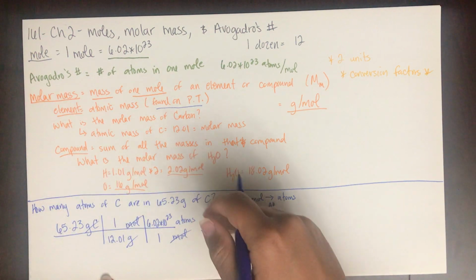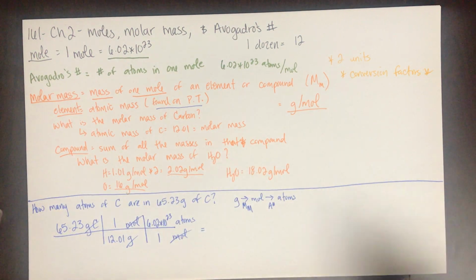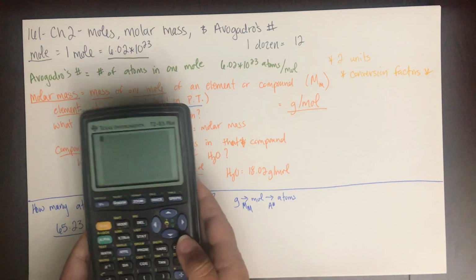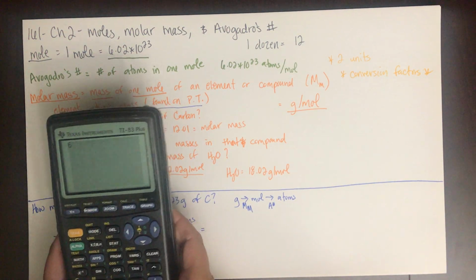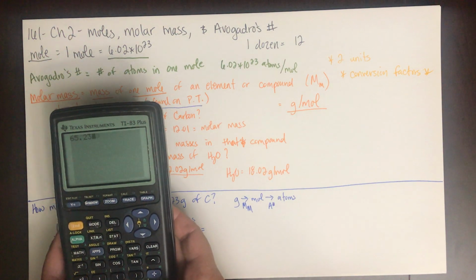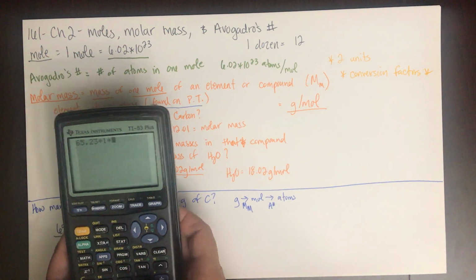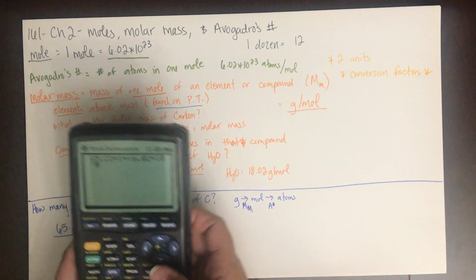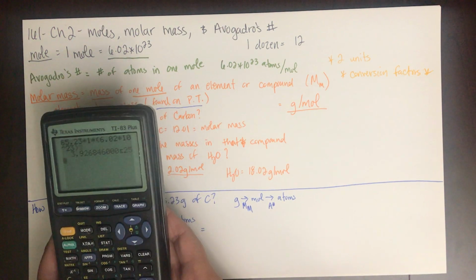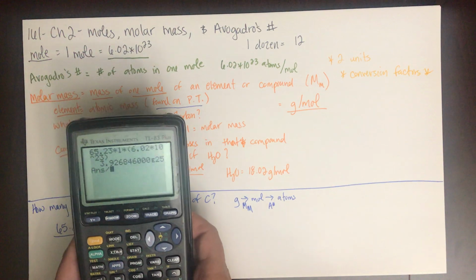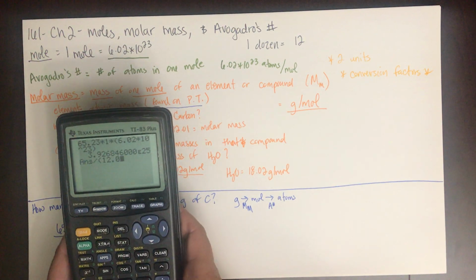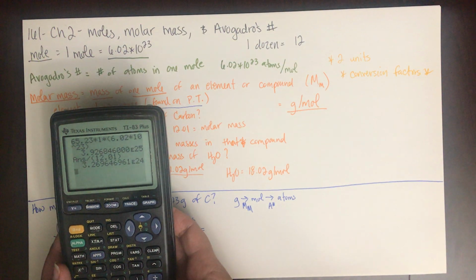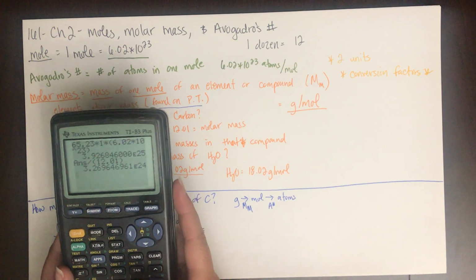Now I'm going to multiply across the top and divide by what's on the bottom. So I'm going to say 65.23 times 1 times 6.02 times 10 to the 23rd divided by 12.01. And I get about 3.269 times 10 to the 24th.